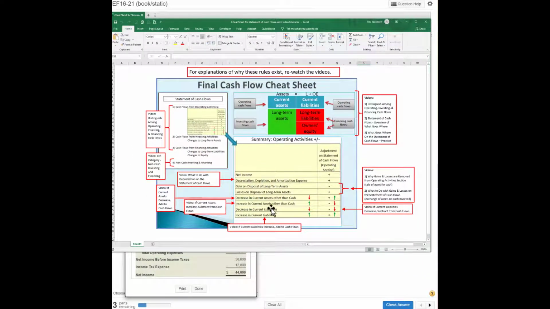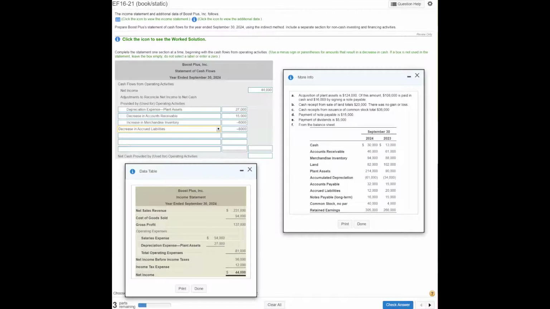And always double check your cheat sheet. A decrease in current liabilities, that means you subtract. Notice arrows are the same way for current liabilities. If they go down, then cash went down. And in the next case, if current liabilities increase, we have to add that. And that's what's happening in the next current liability. AP went from 15 to 32, so AP increased.